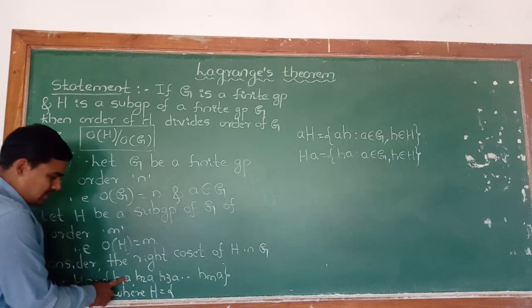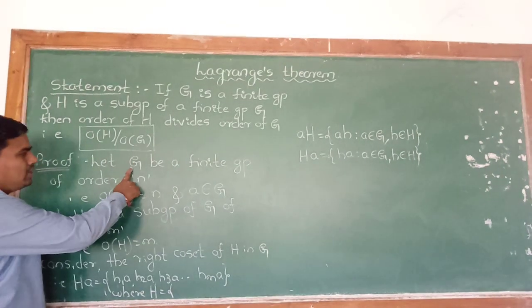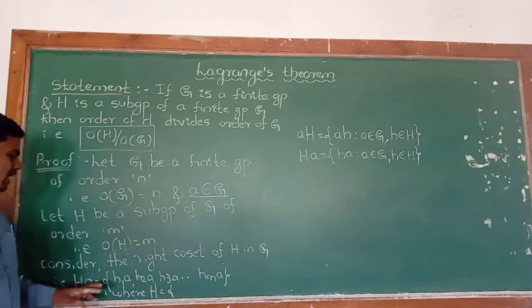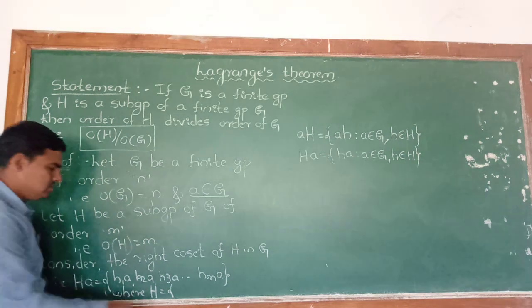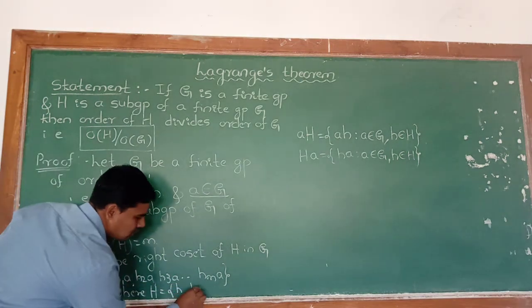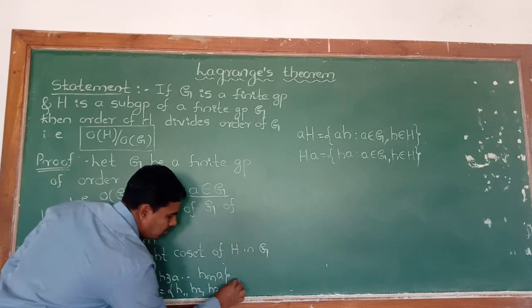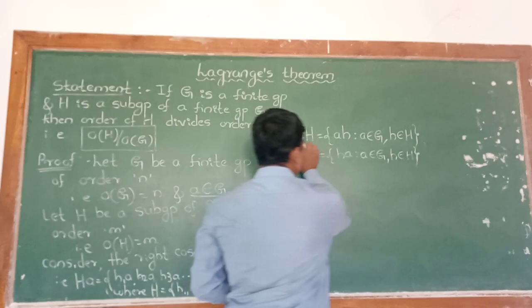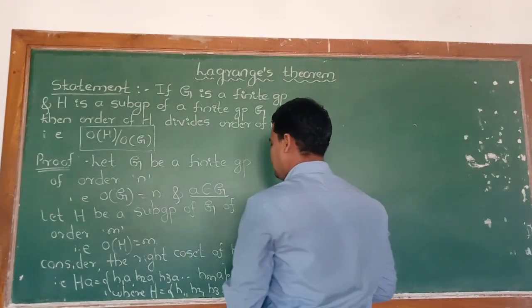Here this a belongs to the main group G. I will consider here a belongs to G and h1, h2, h3, and so on up to hm belong to the subgroup H.